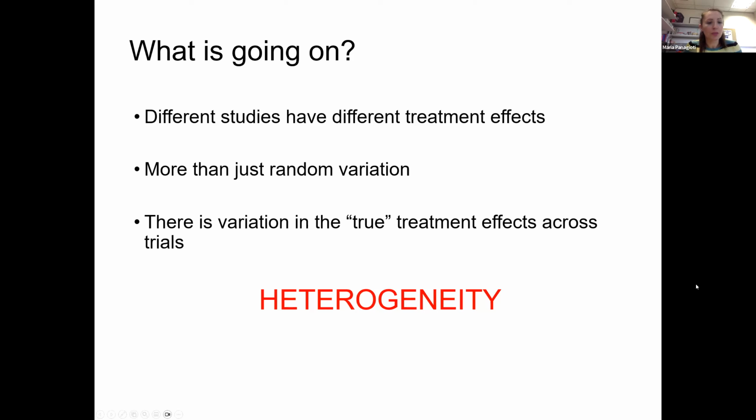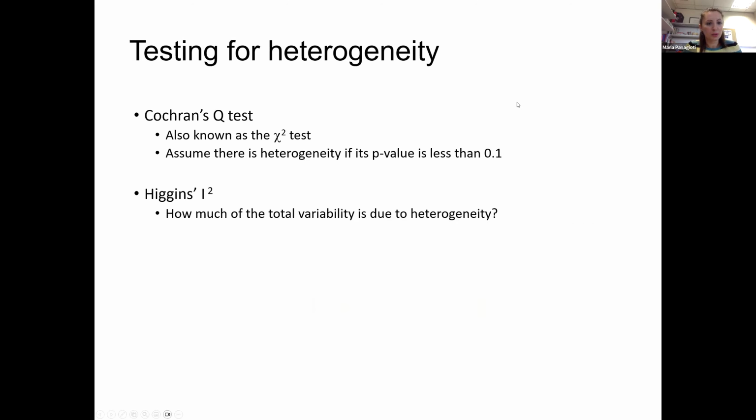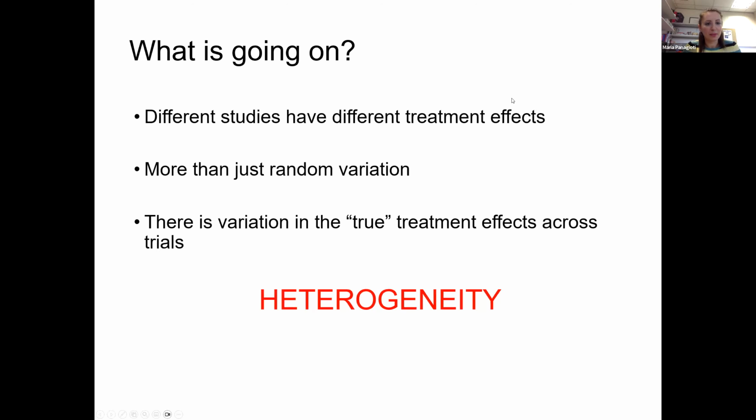Ideally, you would like to predict possible heterogeneity before you start your meta-analysis, and you do that by having some specified ideas about additional analyses that you will do. So in your protocol, when you develop it, you might think about how you would assess heterogeneity first of all, and then, after you assess it, how you are going to address it.